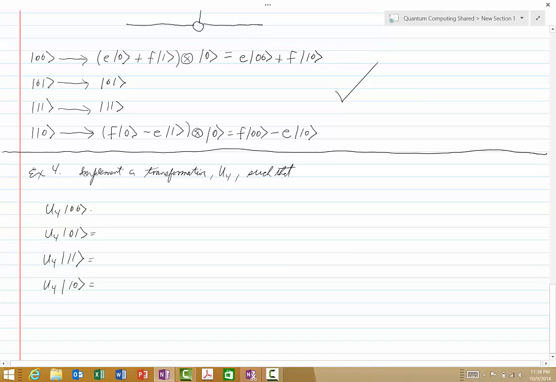But I'll say that the way that it acts on U4 is the following.